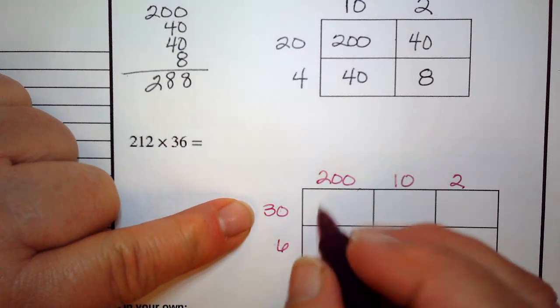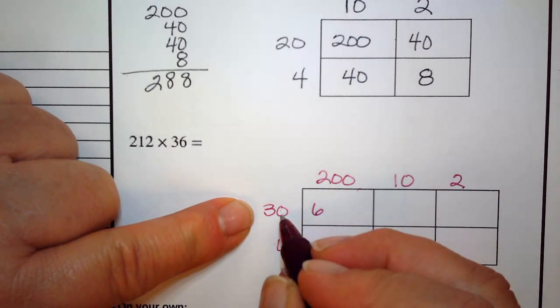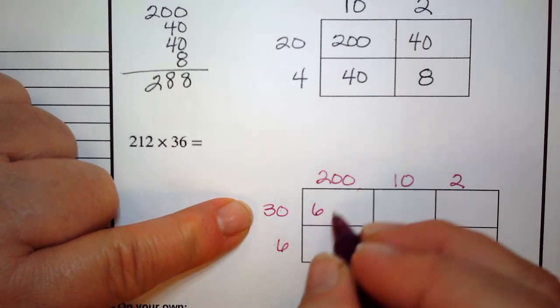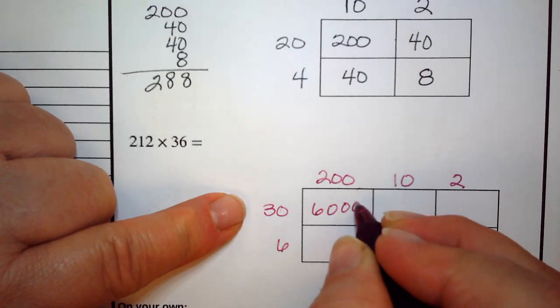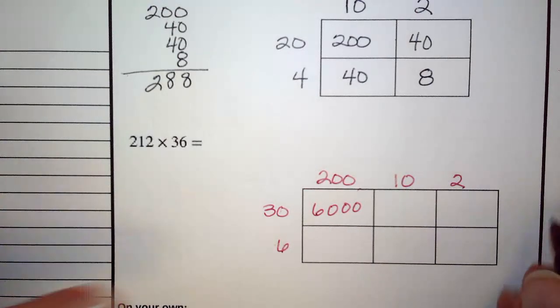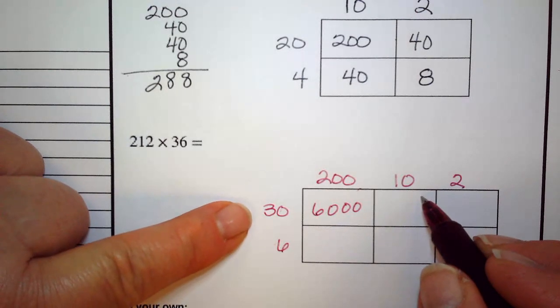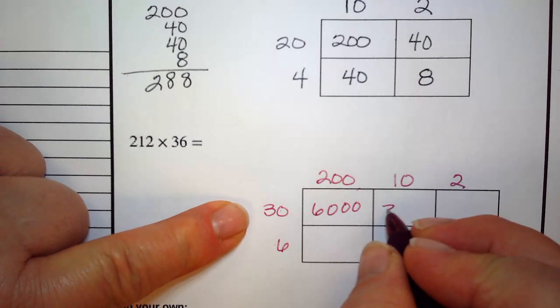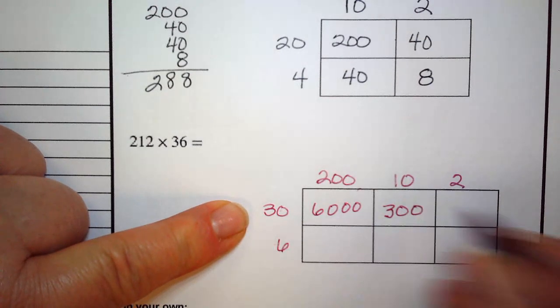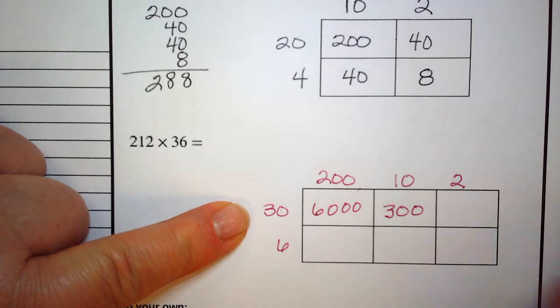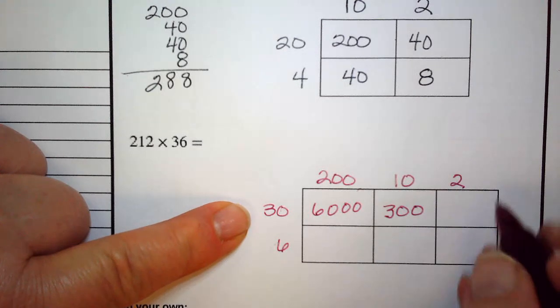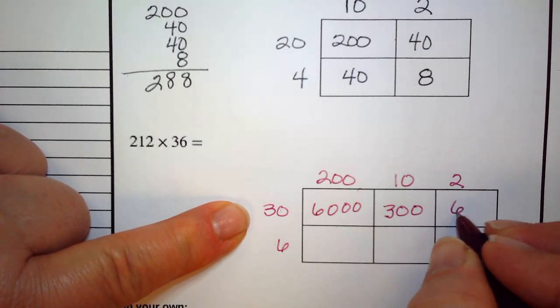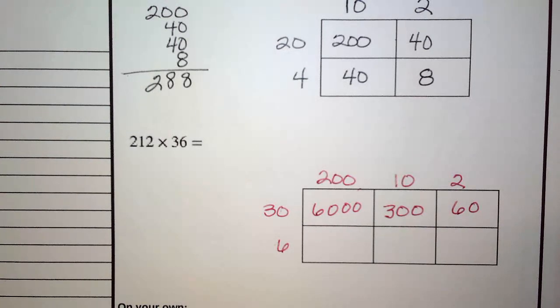Well, 2 times 3 is 6, and then 1, 2, 3 zeros. 30 times 10, 30, and then add that 0 at the end, that's 300. 30 times 2, 60. I'm done with my first row.